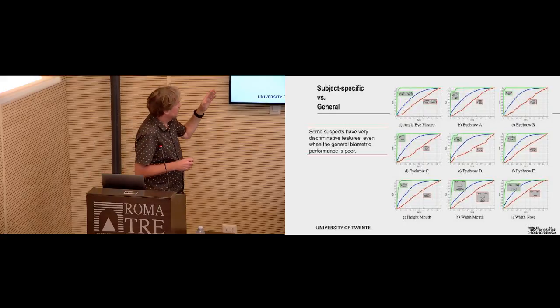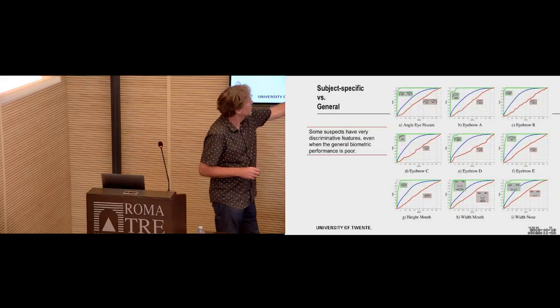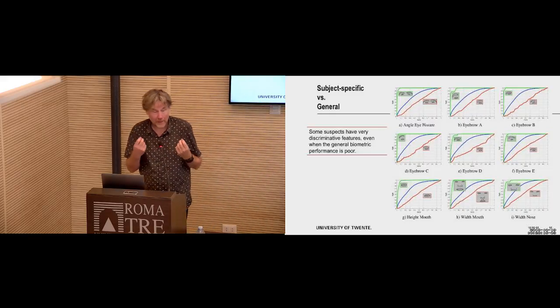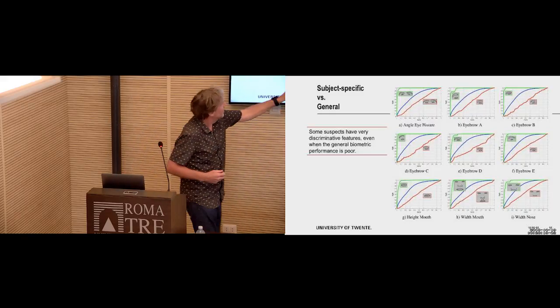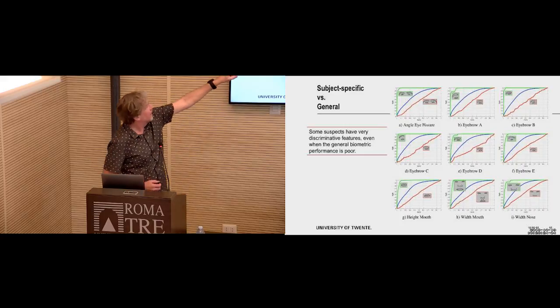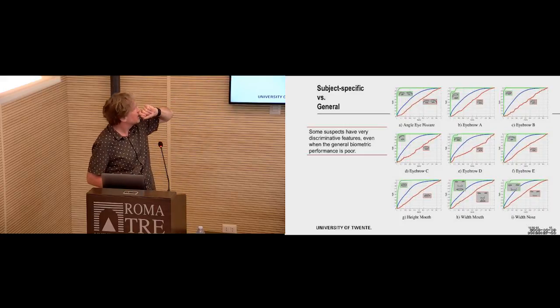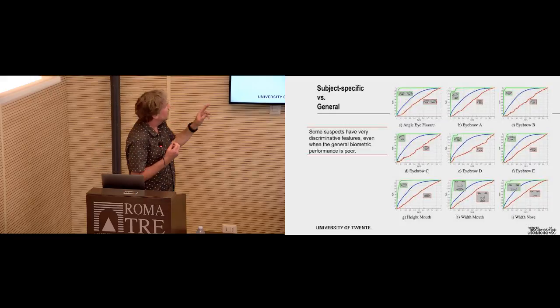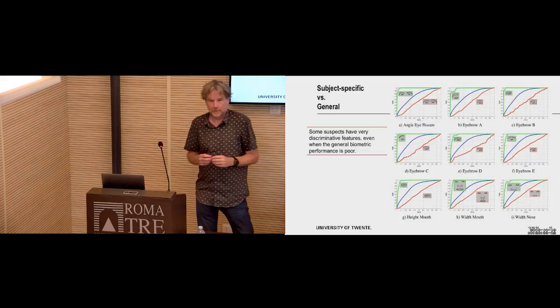The red one is the worst performing suspect. Usually a suspect which has a quite average characteristic, so this one is probably the very characteristic mouth. And you see very characteristic eye angles in the upper left one. But then there are certain suspects which have different characteristics, and they have pretty good recognition performance.